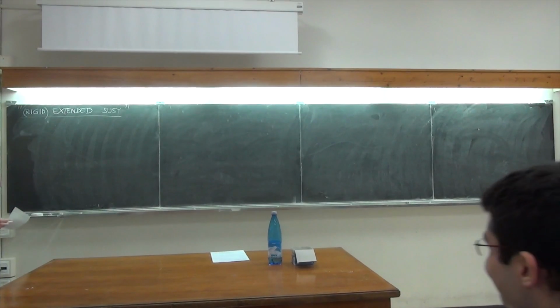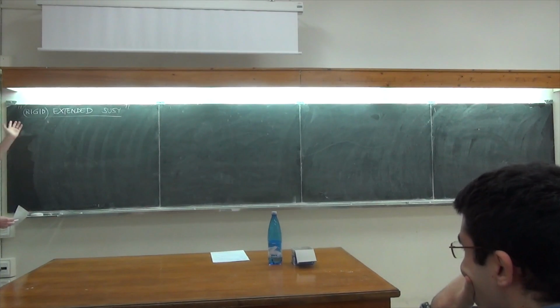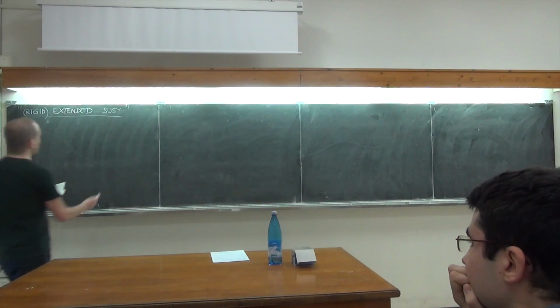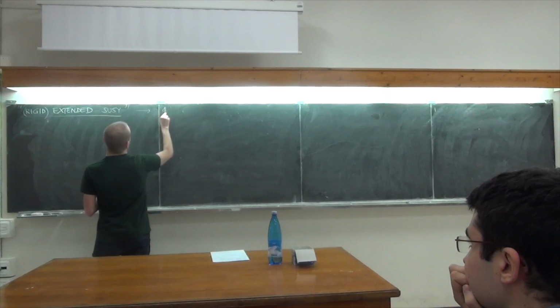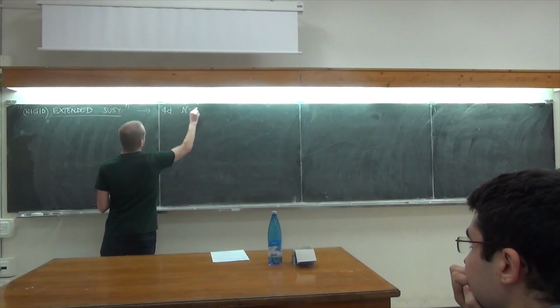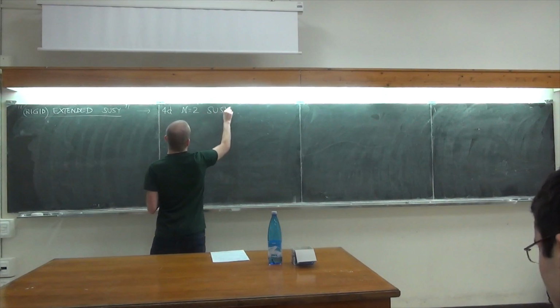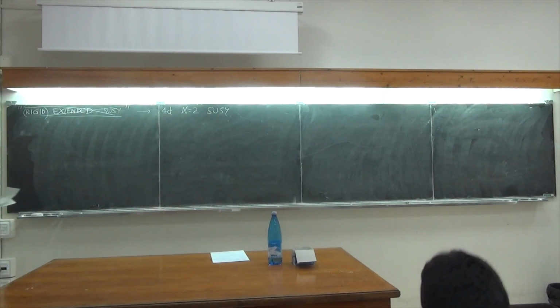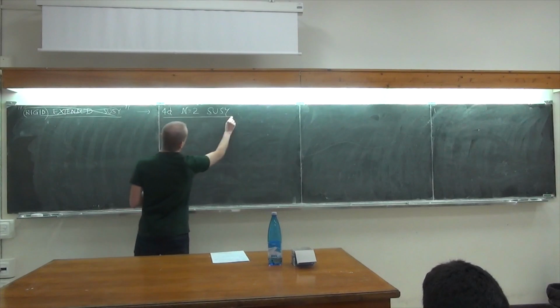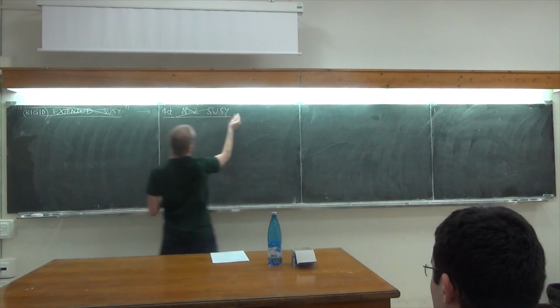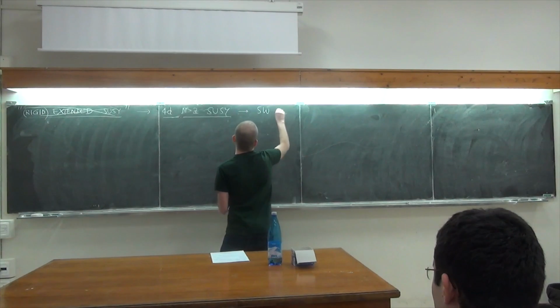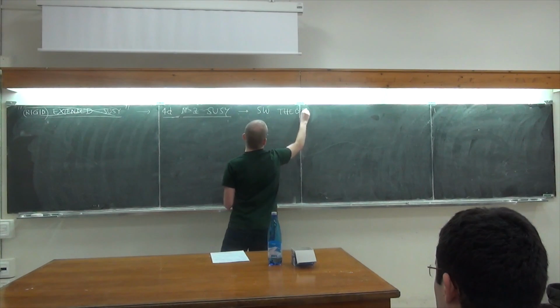Okay, so I was given this course with the enigmatic title of Rigid Extended Supersymmetry, which I took to mean 4-dimensional N=2 supersymmetry. And in particular, since this is an introductory course, let's go back to the basics. I take this to mean that I should explain Seiberg-Witten theory.